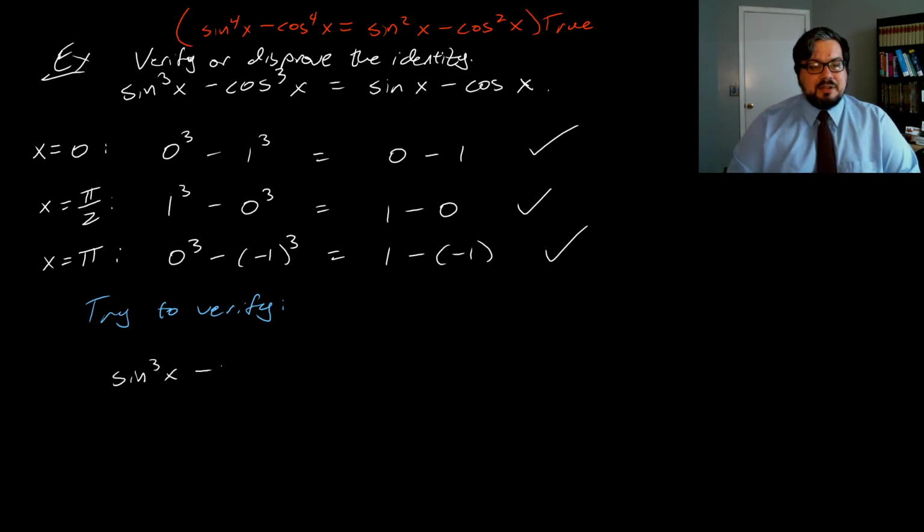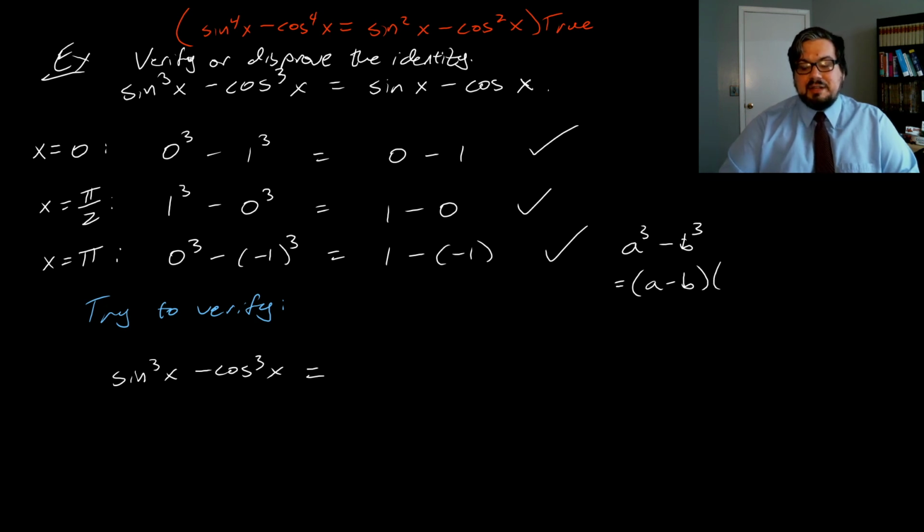We've got sine cubed x minus cosine cubed x equals. Now, here we're going to use another bit of algebra. We have the difference of cubes formula. A cubed minus b cubed is equal to a minus b times a squared plus ab plus b squared.